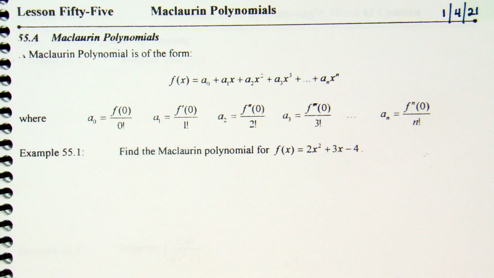But you'll notice that your a values, the constant values, are defined. So a sub 0, what I call a naught, you find by doing f of 0 over 0 factorial. Now, do you remember what the exclamation point does in math?